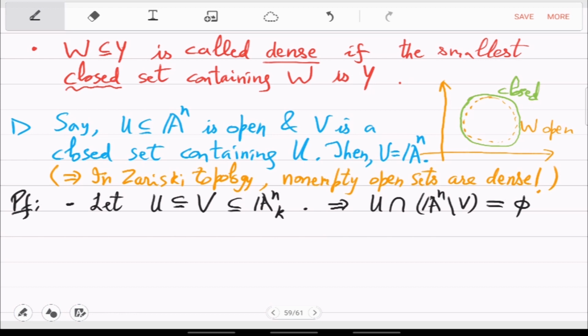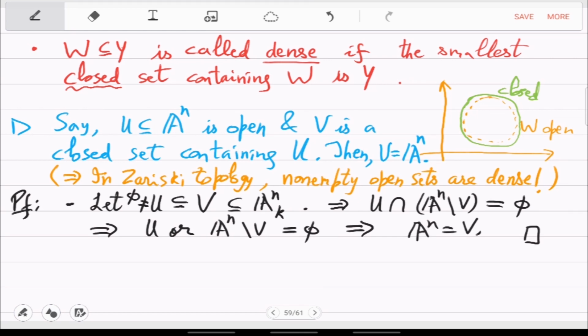We have kind of sketched a proof that the intersection of two open sets always has a common point, which means that one of these has to be empty. The only possibility is that since we have picked U to be non-empty, it means that A^n is V. Is that clear?